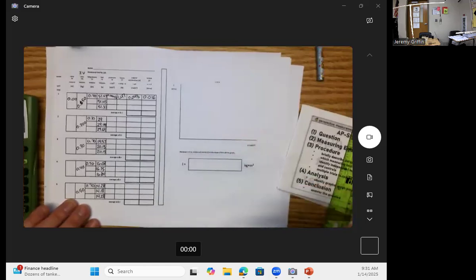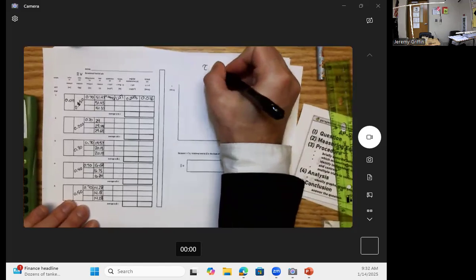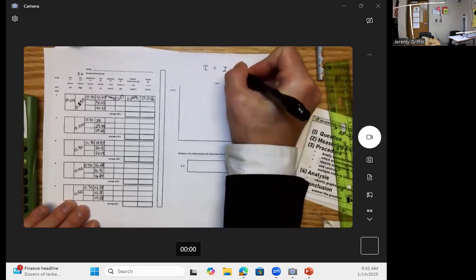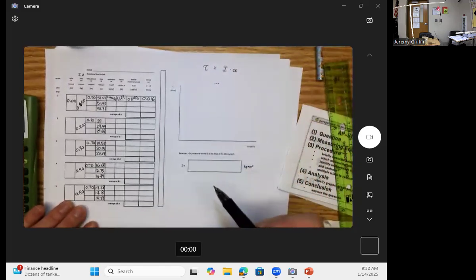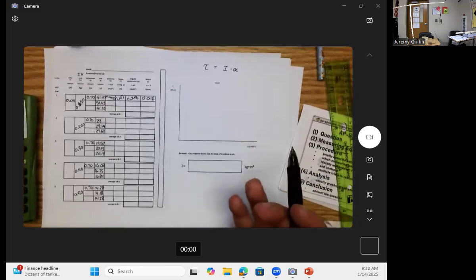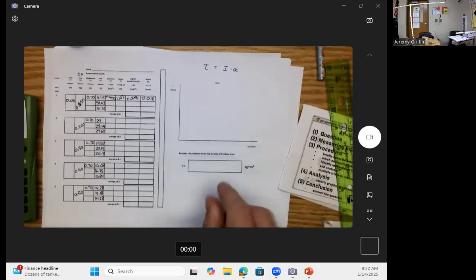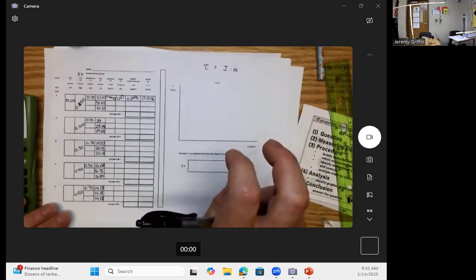I think linear also because tau equals I alpha. Tau equals I times alpha. Now there might be an intercept also. Maybe I'll leave that as an open question: if there is an intercept, what would that possibly represent? But I bet those points line up in a straight line.